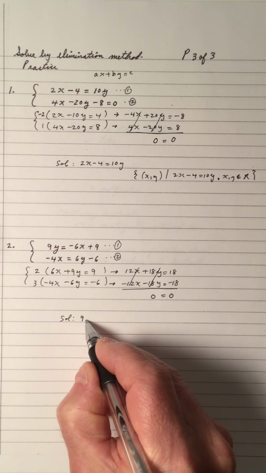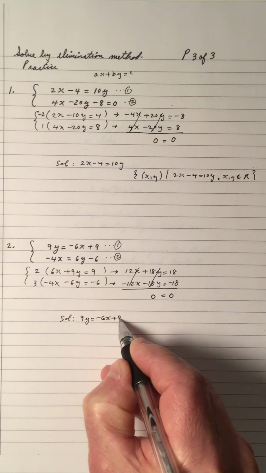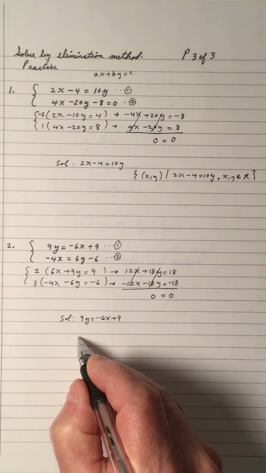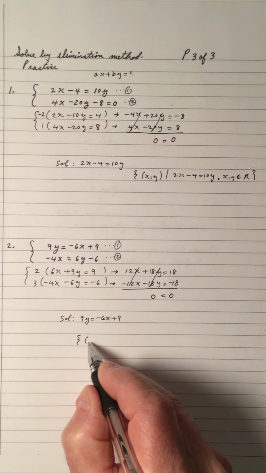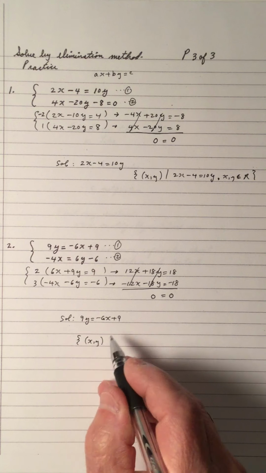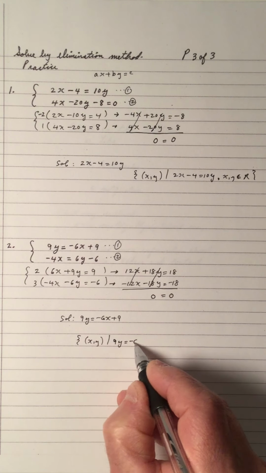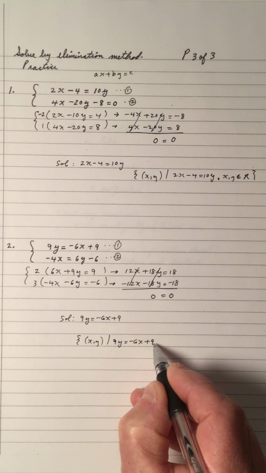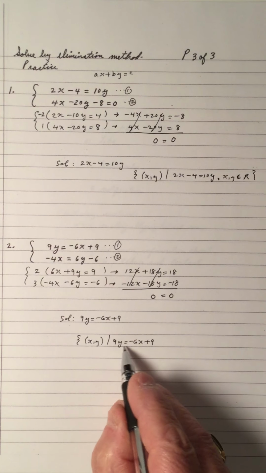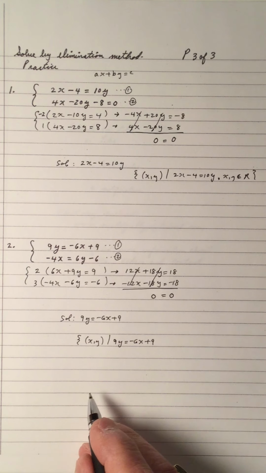Your choice. 9y equals negative 6x plus 9. And officially, mathematically, it's the set of all x and y. Why the set of all x and y? Because there's x and y in the equation, such that, write down the equation. There's the equation. So any point that satisfies this equation satisfies the system.